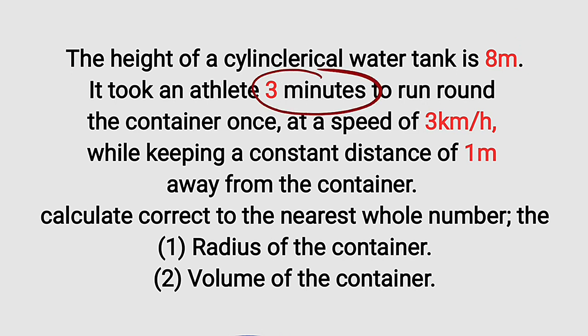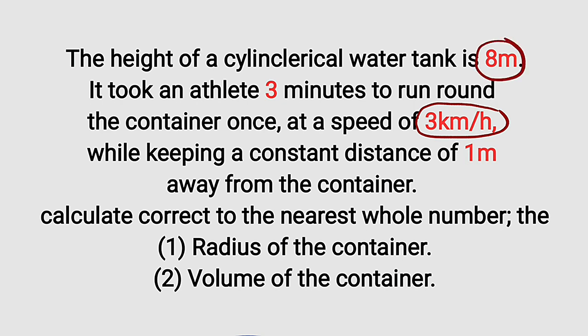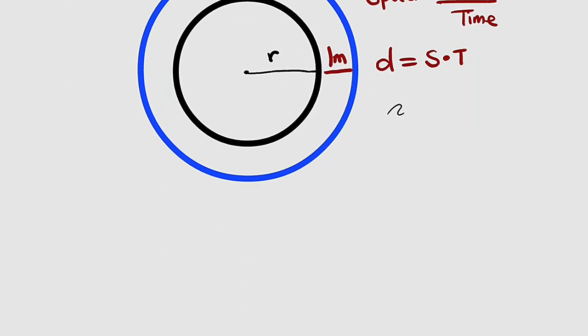You can see from here, this is the speed, which is 3 km per hour. And we're given the time as 3 minutes. So let us convert everything in terms of minutes and meters, because you can see we have meters here. So this 3 kilometers, we are going to convert into meters, likewise hour into minutes. Since we have 3 kilometers for every 1 hour, we know that 3 kilometers is the same thing as 3,000 meters, and 1 hour is 60 minutes.